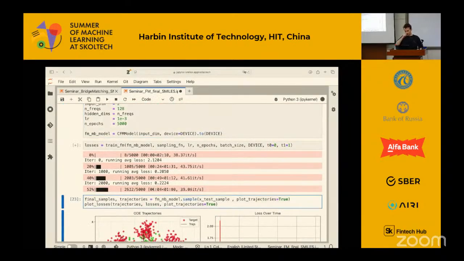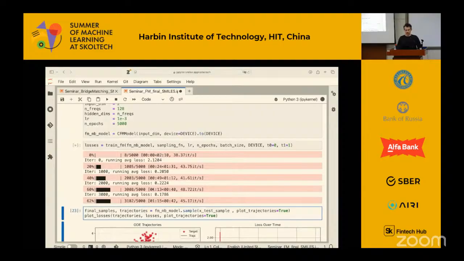Also, as you can see, the training of the previous flow matching took 1 minute, and training of this flow matching takes 2 minutes. Why? Because solving mini-batch optimal transport costs some computation.